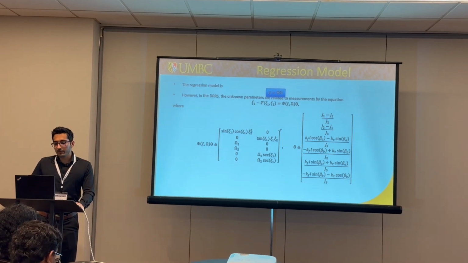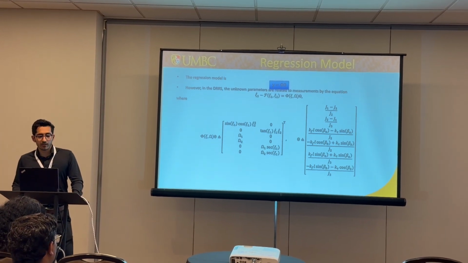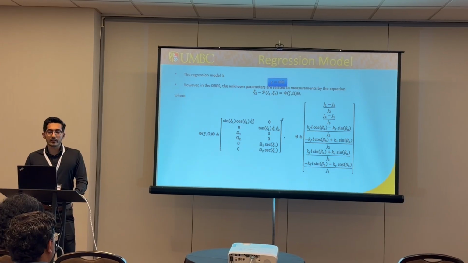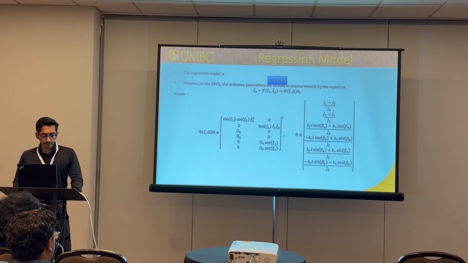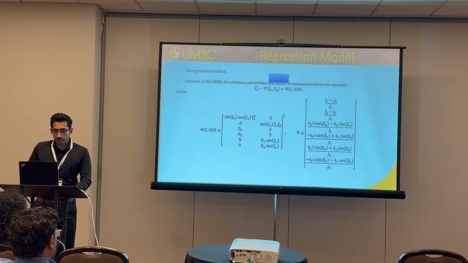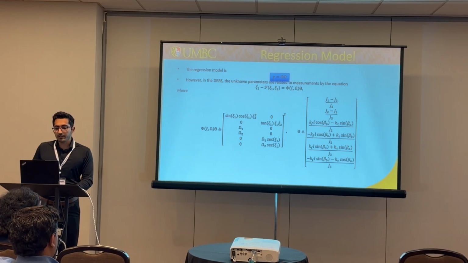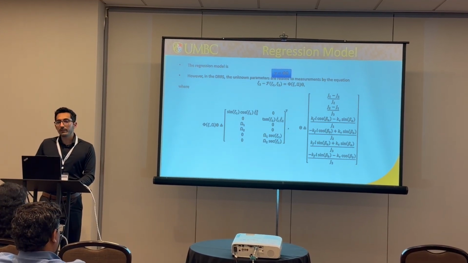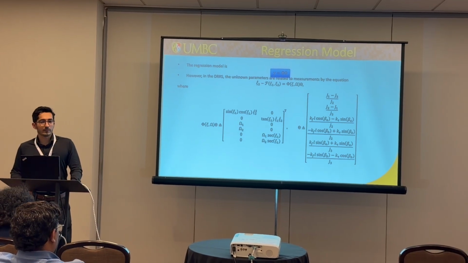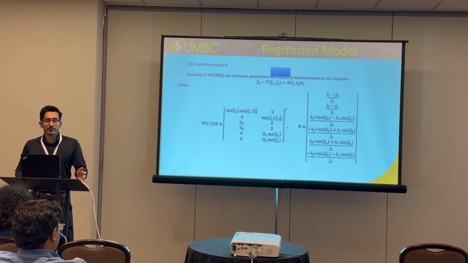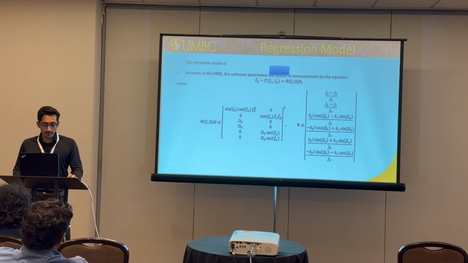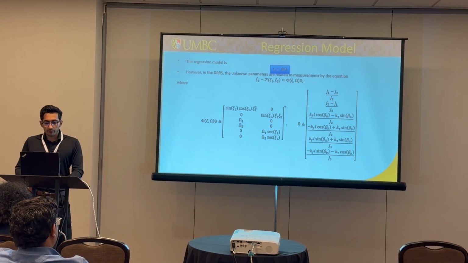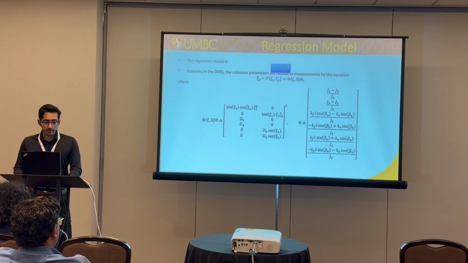We are going to use a regression model to help us estimate the unknown parameters. The regression model is written in a linear form as y equals phi times theta. Phi is a regressor matrix constructed with the measurements that we have from the states, and theta is the vector of unknowns. So we need to write it in this form.